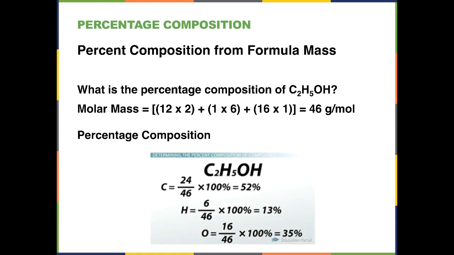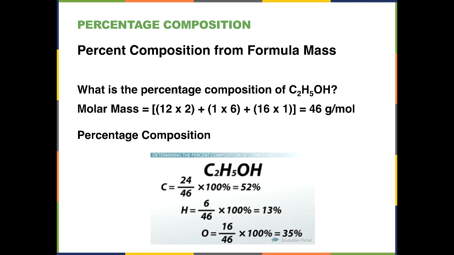Then you would do this to find the percent composition. There's 12 times 2, or 24 total grams of carbon in the 46 grams of ethanol, so 24 divided by 46 times 100, or 52%.